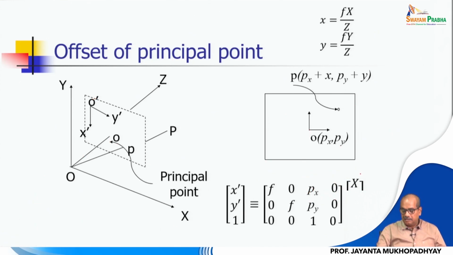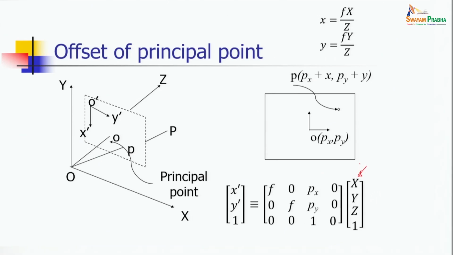This is the transformation. You get the respective three-dimensional projective point, or in the homogeneous coordinate system, 3-dimensional points x, y, z, 1, and then you are multiplying with the projection matrix which has these new 2 parameters here.